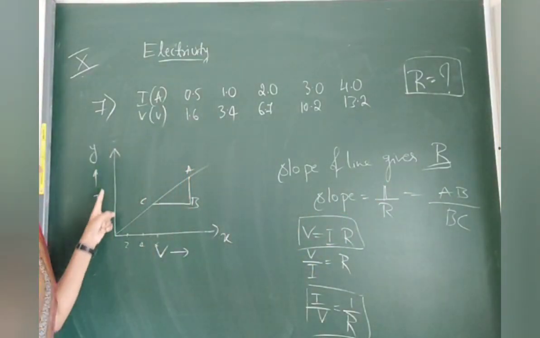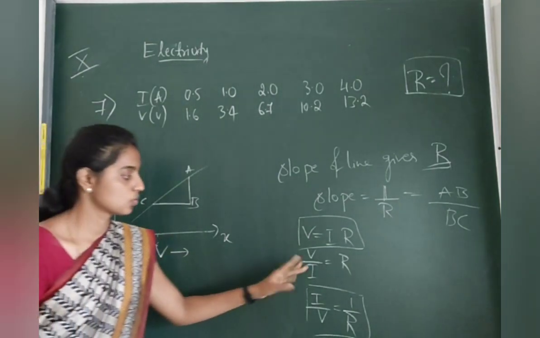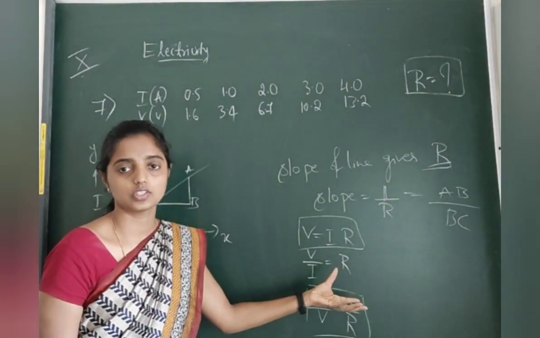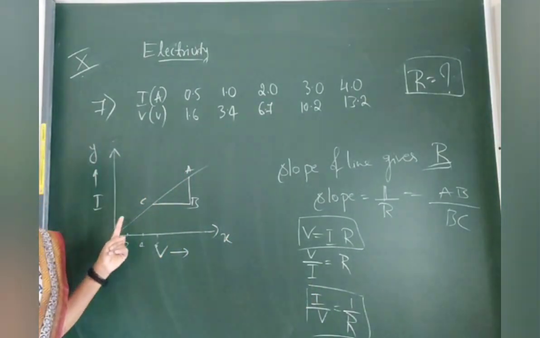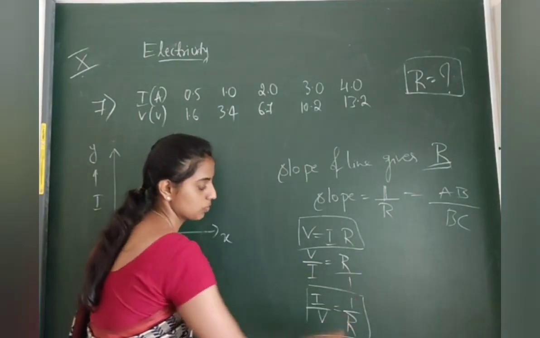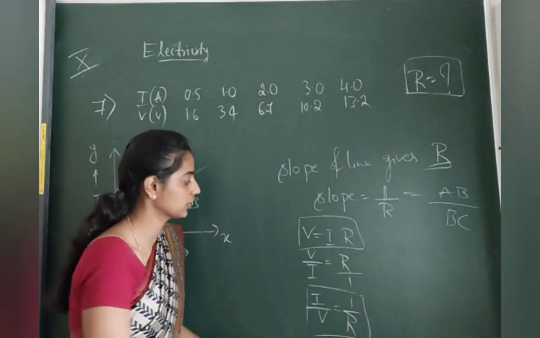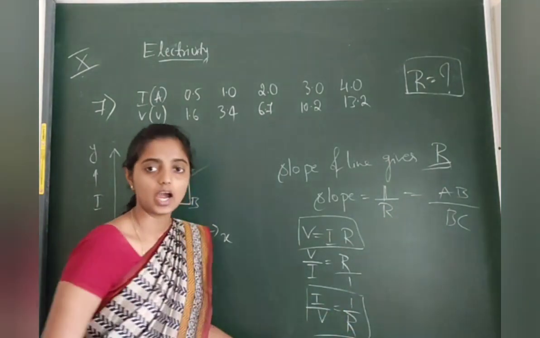The y-axis value, that is I, right? So we need to reciprocal this equation so that we get the y-axis value in the numerator. If we don't have anything, we need to assume it as 1. So you reciprocal both sides, what we get? I by V, and this will become 1 by R.